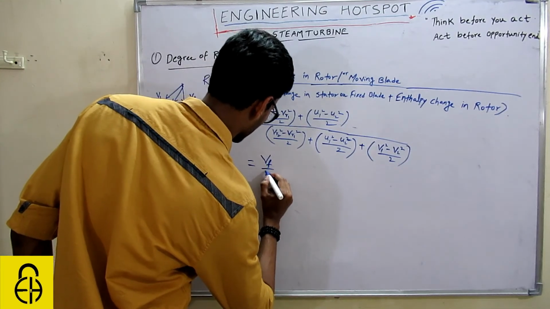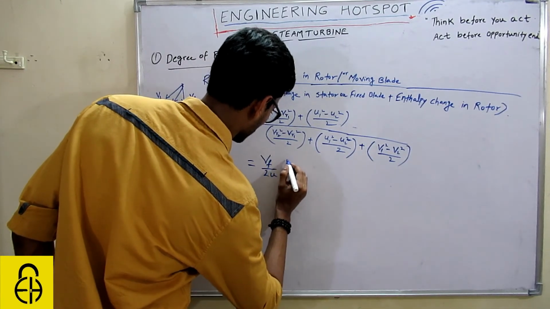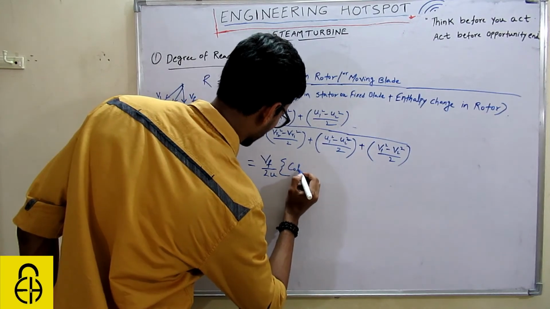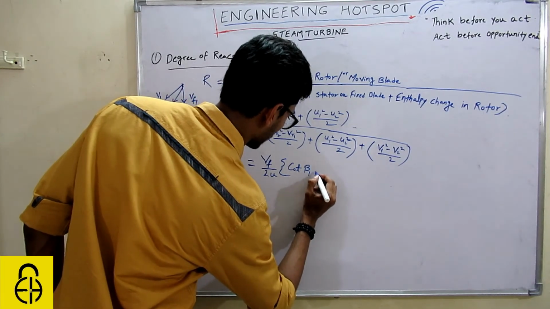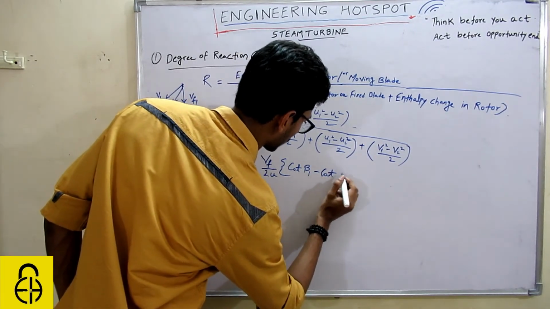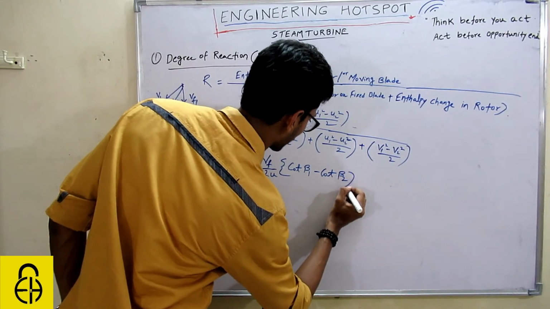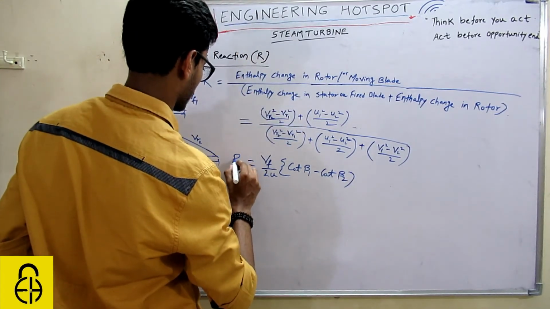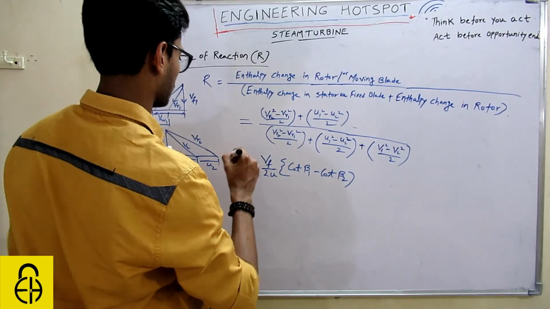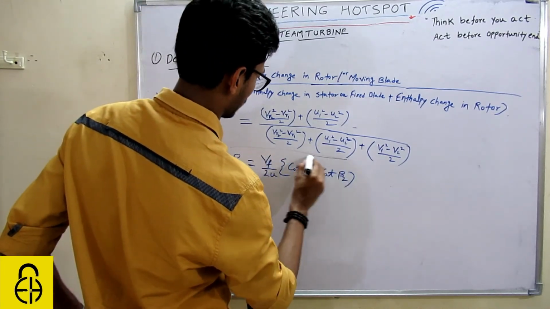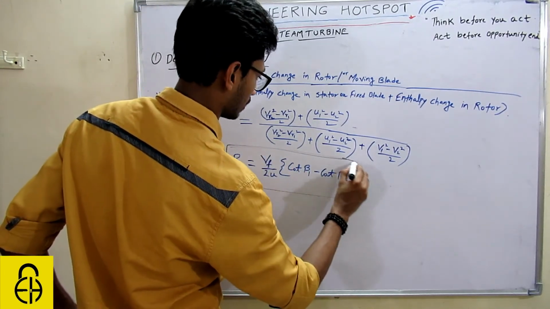Vf upon 2U into cot beta 1 minus cot beta 2. This will be the generalized equation for your degree of reaction.